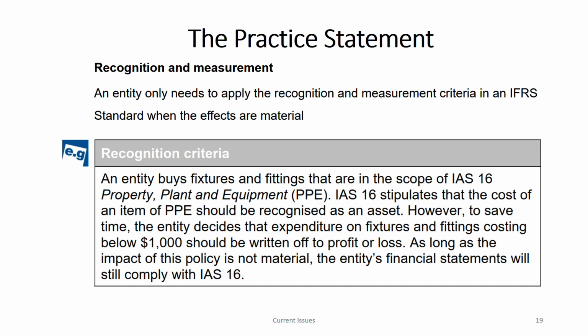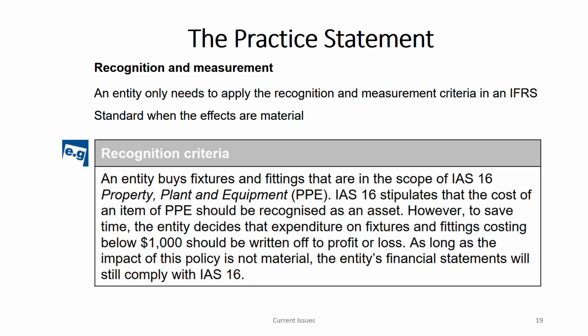Exactly the same standard that I have just explained, IAS 16, where you recognize the cost of PPE as an asset. But sometimes, to save time, the entity decides that the expenditure which is below $1,000 for a fixture and fitting will be taken as an expense under profit and loss, not as an asset.